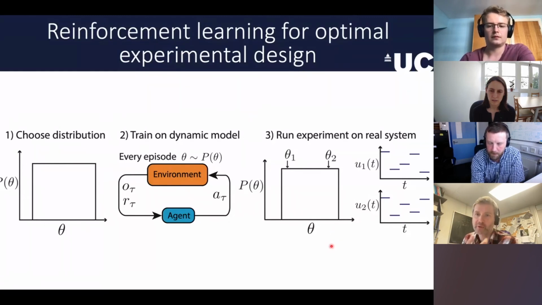You train over that model space, and then you could deploy that controller over the real system. If that's somehow been captured within the model space you've explored, then that knowledge of the model structure has been useful for that training exercise, and you can deploy this in a model-free way once you're actually in the lab.